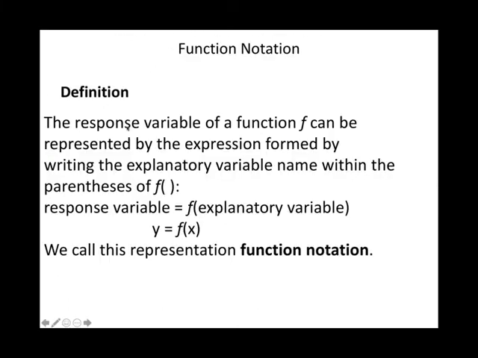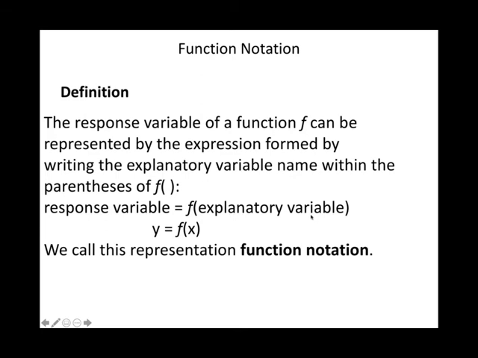Definition. The response variable of a function f can be represented by the expression formed by writing the explanatory variable named within the parentheses of the function. Response variable will be equal to the function of the explanatory variable.